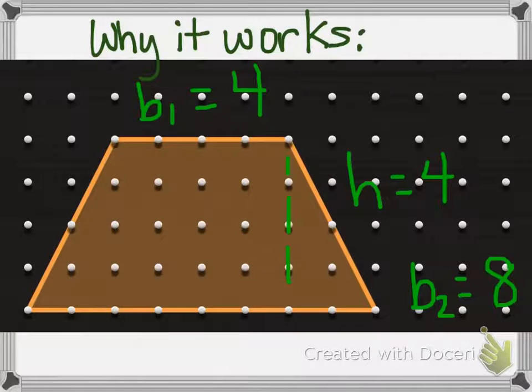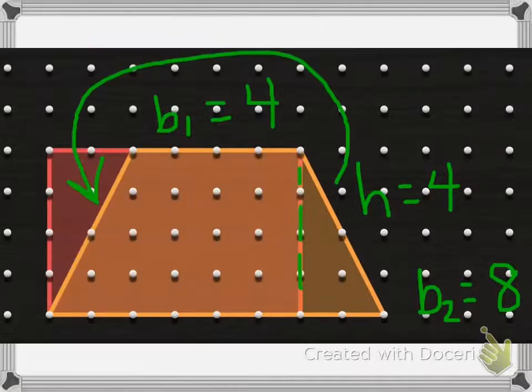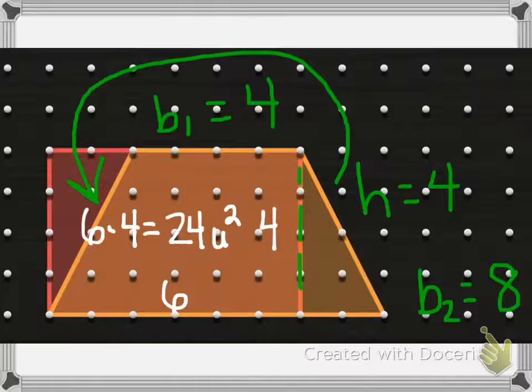This is why it works. Look here. B1 is worth 4 units. B2 is 8. The height is 4. Look at the rectangle circumscribed over top. This triangle on the right, if you flip it and put it on the left, you create a rectangle.